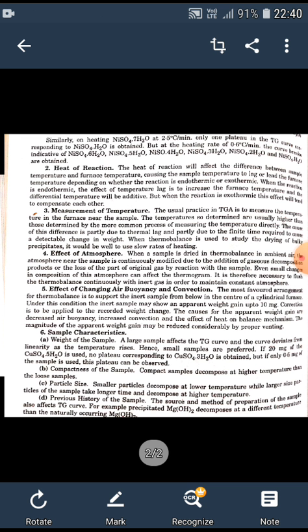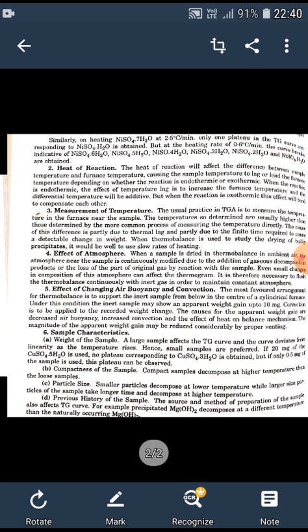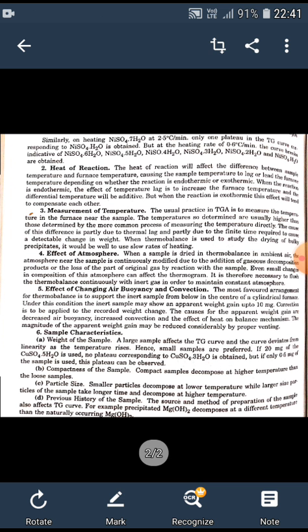When the reaction is endothermic in nature, the effect of temperature lag is to increase the furnace temperature, and the differential temperature is additive in nature. But when the reaction is exothermic, this effect tends to compensate each other.